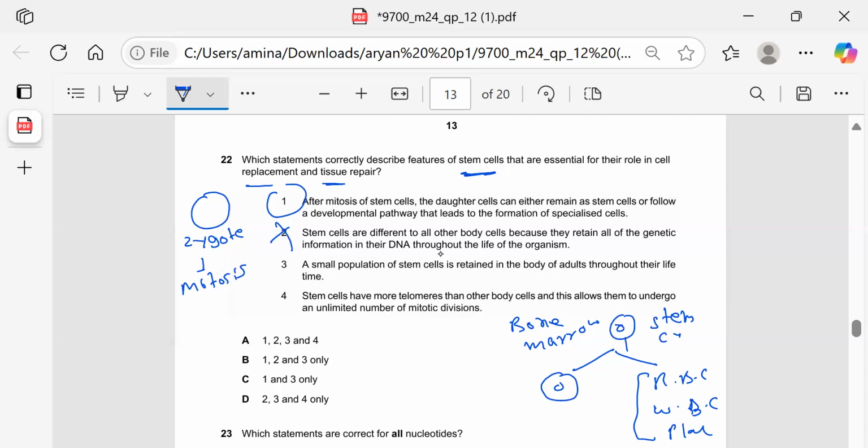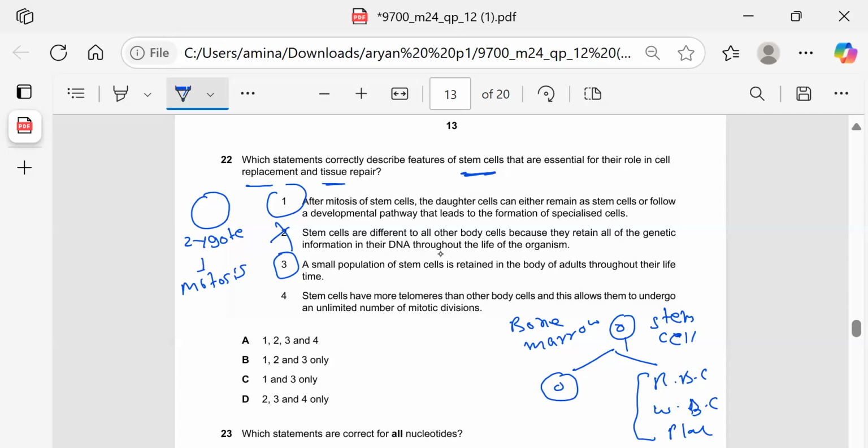Then I'm going for 3. A small proportion of stem cells is retained in the body of an adult throughout. I have given you the example of stem cells in your bone marrow. They stay in your body all your life. And the fourth is, the stem cells have more telomeres.